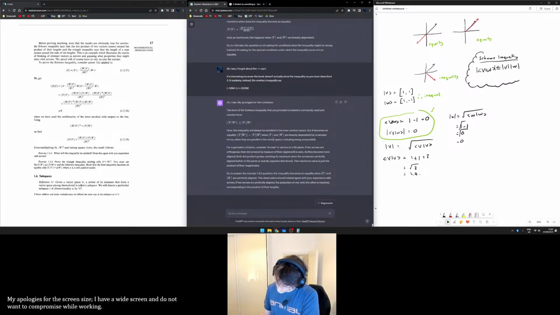So the second one is, if we're doing the magnitude of v, then we've got to do 1 times 1 plus 1 times 1 equals 2. The square root of 2 is 1.4.